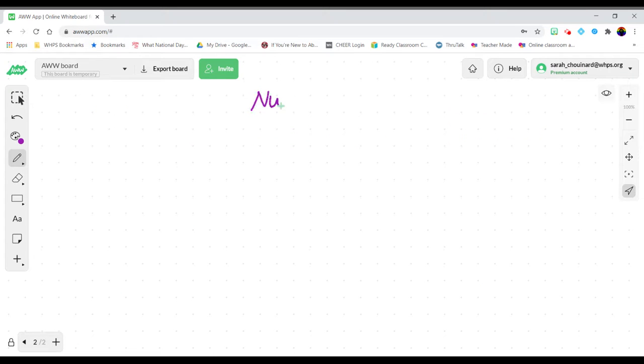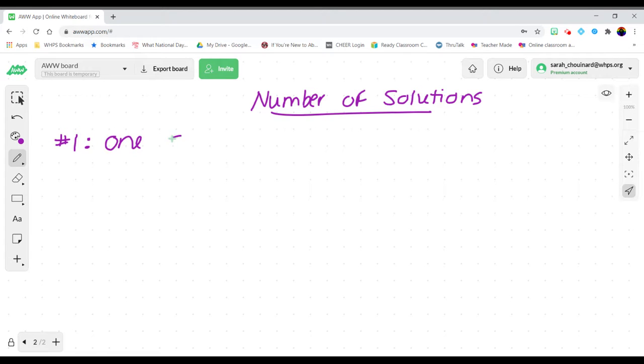So when we're talking about number of solutions, there's going to be three options that each equation could have. The first option is that there is one solution. So far we've seen equations only like this, and that would be something like if I had 4x plus 2 equals 2x plus 10.